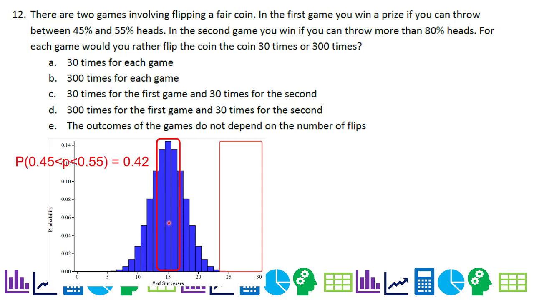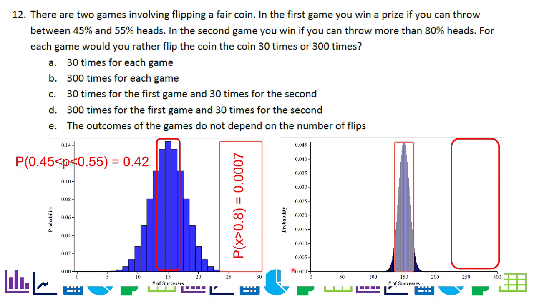So if I calculate the probability there, you have a 42% chance of winning the first game by playing it with 30 flips. And it's not very big, 0.07% probability of getting 80% or more heads on the right, okay? Then let's look at the next distribution for 300 times.